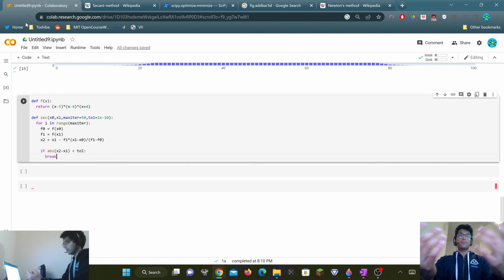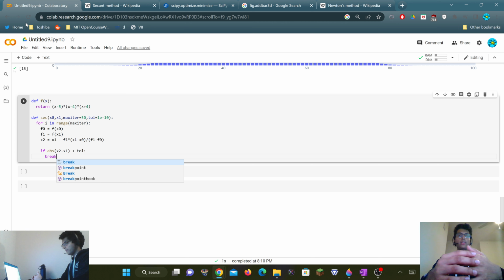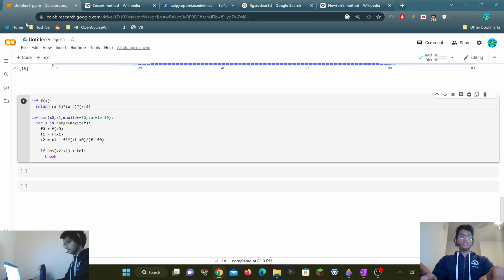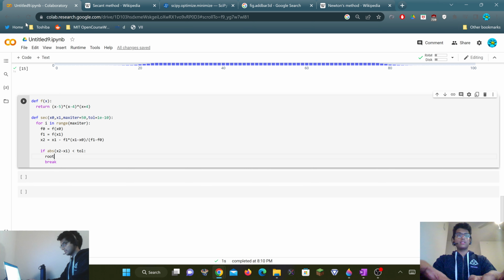We want to break out of the loop, right? Because that means we're done iterating. And then maybe let's return a message if the function is successful. So we're going to say root equals root successfully found. We're going to say message, actually.